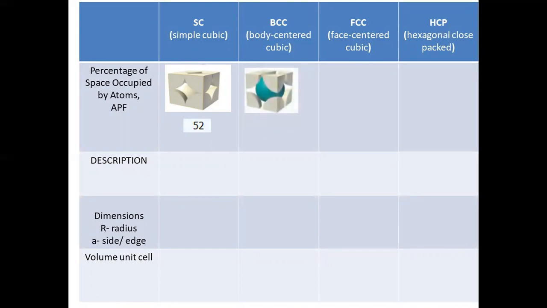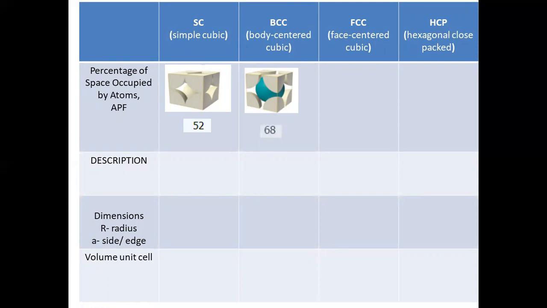And for BCC, it has two atoms. The first atom is located at the center of the structure, and the second atom is located at the corners of the unit cell cube.